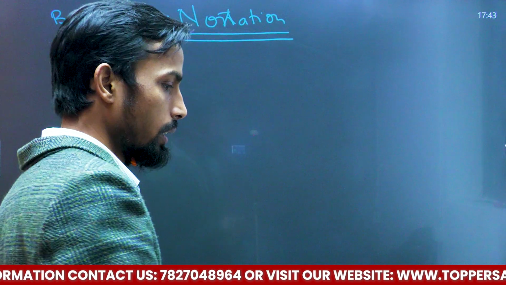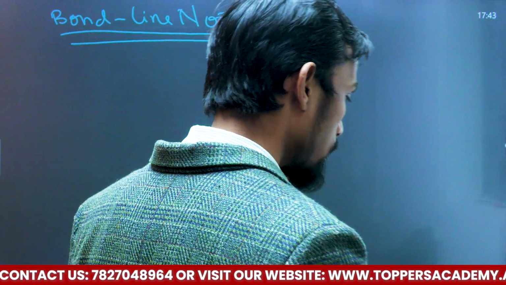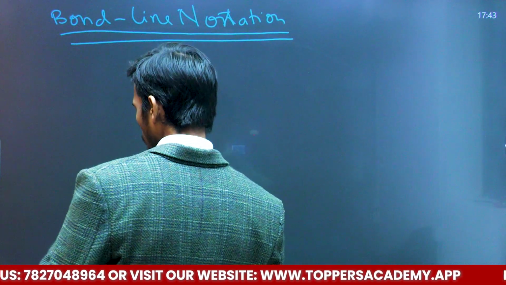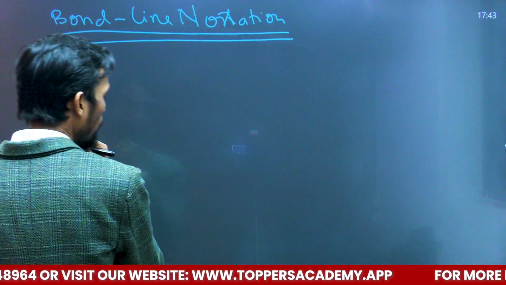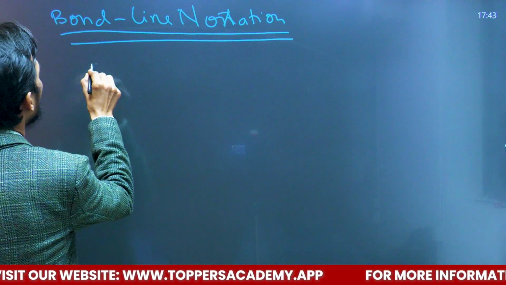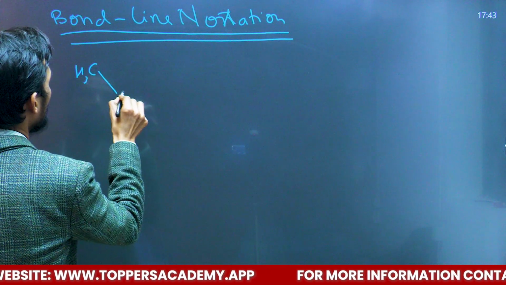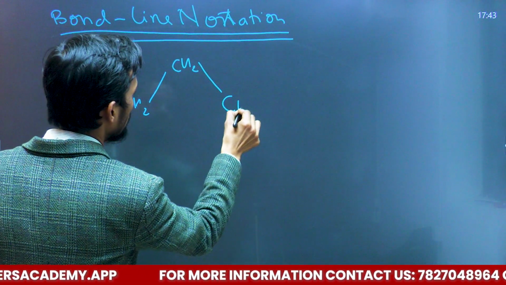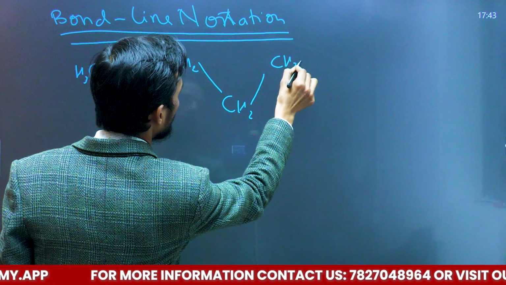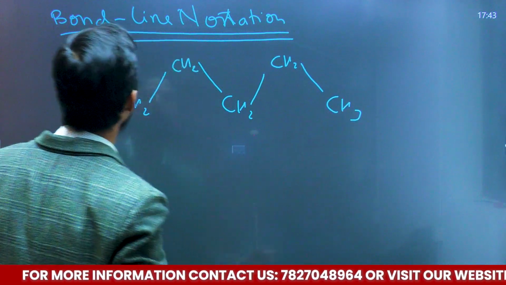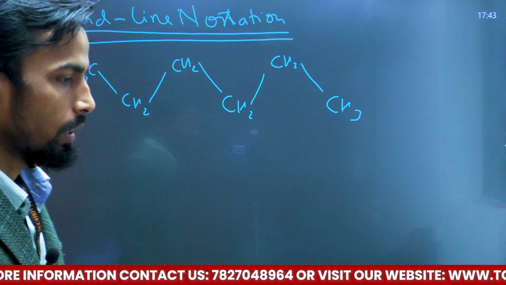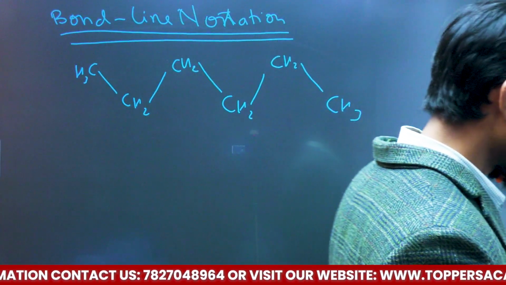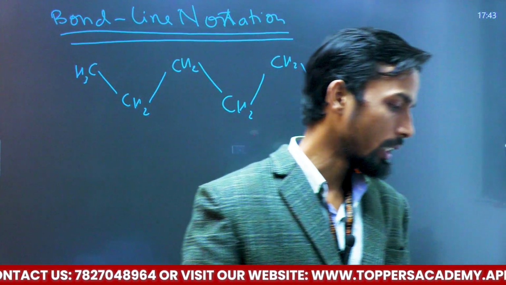How can we represent it like this? CH3, CH2, CH2, CH2, CH2, CH3. So this carbon bond will be shown by these dots.